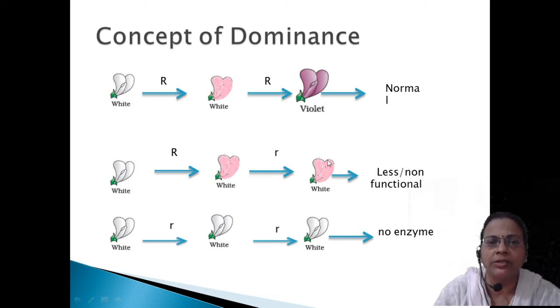One of the main reasons is that if both the alleles are dominant, the correct or normal amount of enzyme will be produced, and the white will directly convert into pink or violet. In the pea flower, it converts into purple.